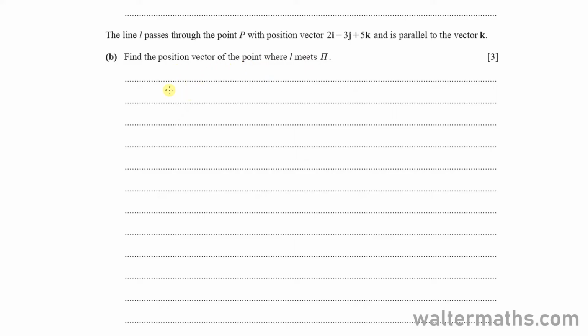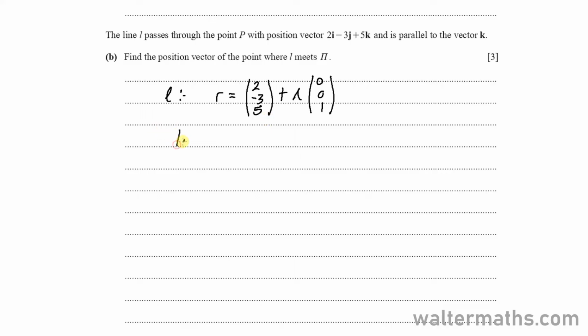Right, so here, the equation of the line L can be written as r is equal to a plus lambda b. a is a point on the line, and we've got that to be the point 2, minus 3, 5, plus lambda of the direction vector of the line, which should be k, since the line is parallel to the vector k. So that's 0, 0, 1. So this is the vector equation of the line.